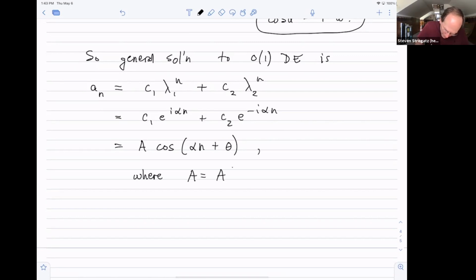So A is really a function of the slow time s, and so is theta. So we're seeing something that's basically a sinusoidal oscillation with a slowly modulated amplitude and phase, just like we would expect, except this is now the discrete counterpart.